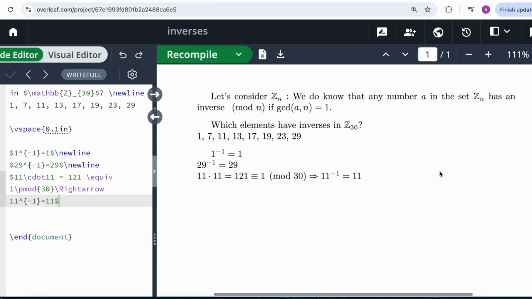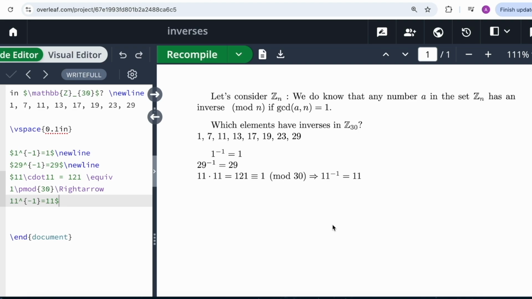You don't have to do it this way where you look for things that are self-invertible first. I just want to make my life easier because once I start trying to find all the inverses, I'm going to be like, oh, well, okay, if I want to find 7 inverse, I'm going to do trial and error where I multiply 7 by all of the different options and figure out which one gives me 1 mod 30.